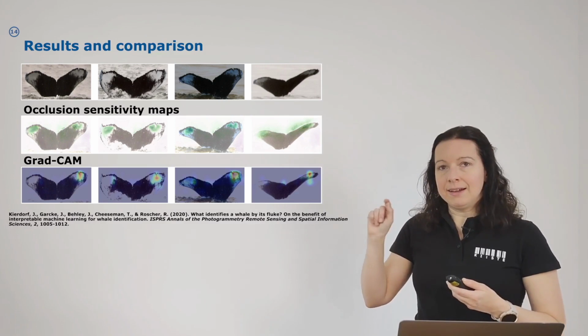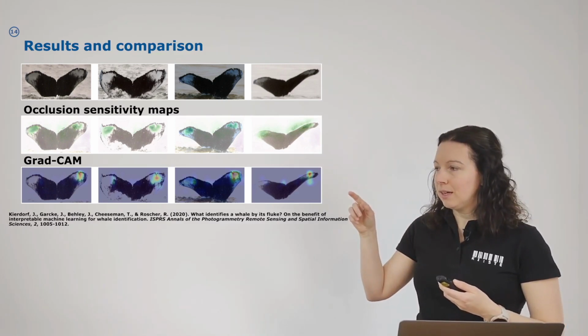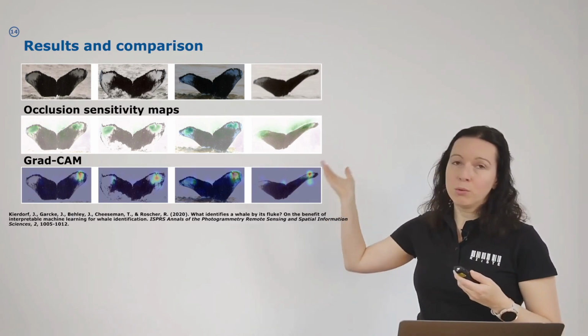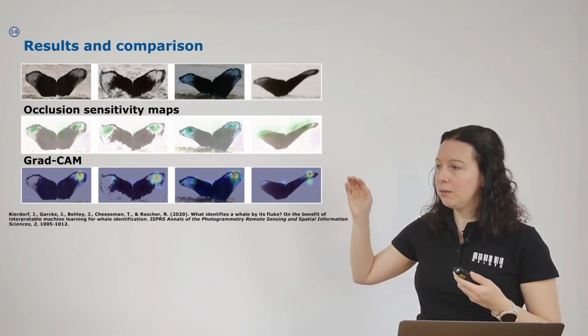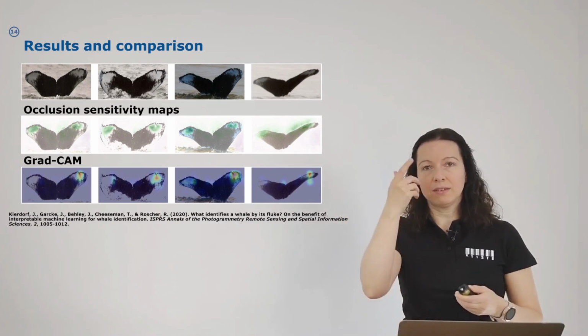If you analyze different convolutional layers with Grad-CAM, you might come up with even more similar features to the occlusion sensitivity maps, but we only looked at the last one, a specific part, and this gives us the small notch.